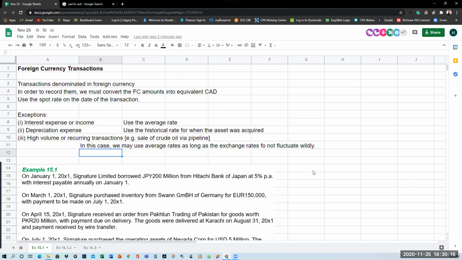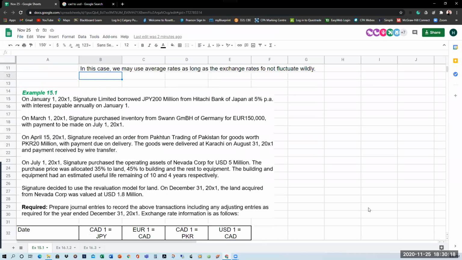All right. So I'm going to demonstrate that concept using this example. It's a bunch of different transactions that we'll be working through. On Jan 1st, 2001, Signature Limited borrowed 200 million Japanese yen from Hitachi Bank of Japan at 5% per annum, with interest payable annually on January 1st.